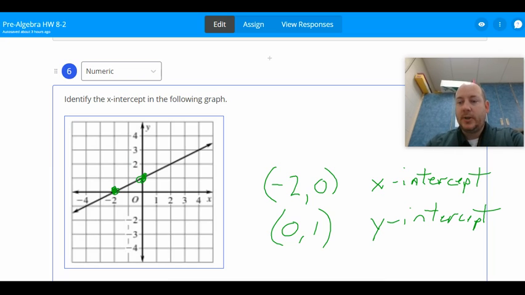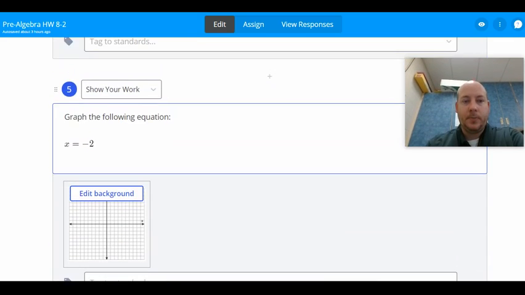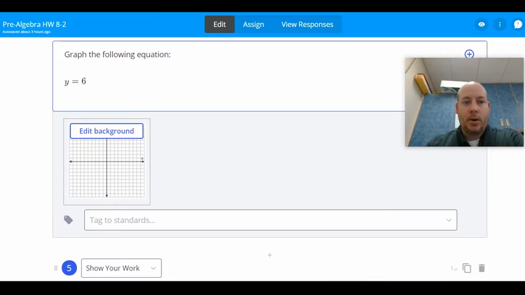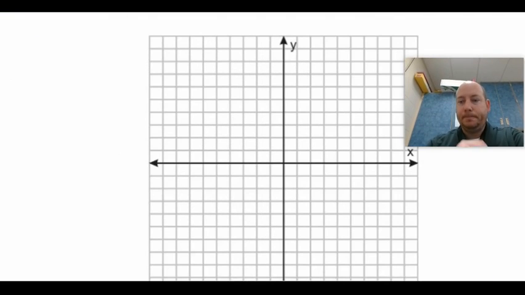So the two exceptions are, let me go up to them here. An example like this: graph the equation y equals 6. What you'll notice is there's no x value in this, just a y value. So basically it's saying, give me all the points on the graph that have a y value of 6.